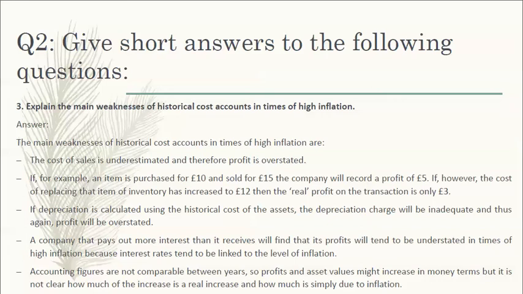So I will not be able to decide how much of the increase is real and how much is due to inflation. Okay, so there are 5 main weaknesses of historical cost accounts in times of inflation. Second question.